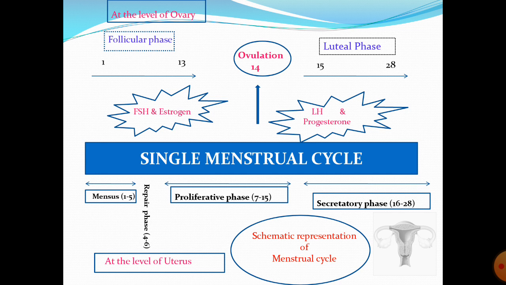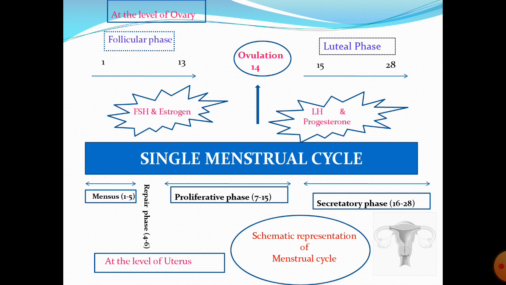The fallopian tubes join the uterus, and the uterus has three parts anatomically: a blind ending fundus, a body, and a cervix. And the uterus will continue as the vagina.